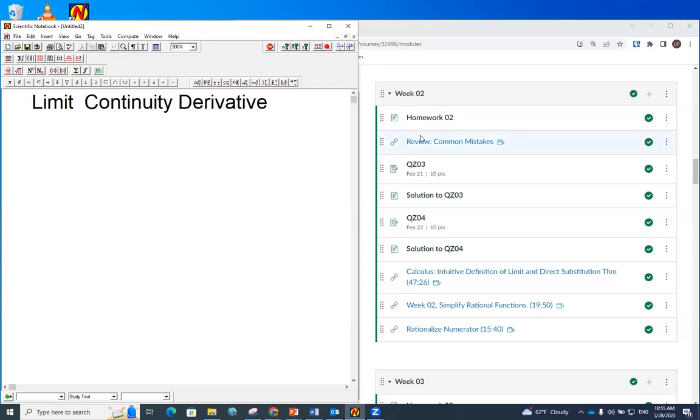The last one is integral. Let me make the font a little smaller so you can see it all. So these are four major concepts, and we covered them in this order, and we know that limit was first introduced. So what is going to be tested?